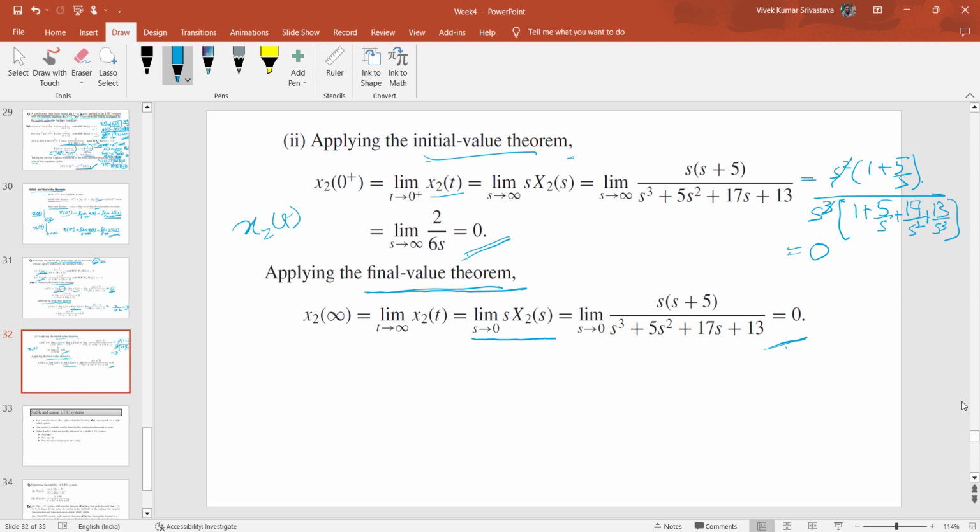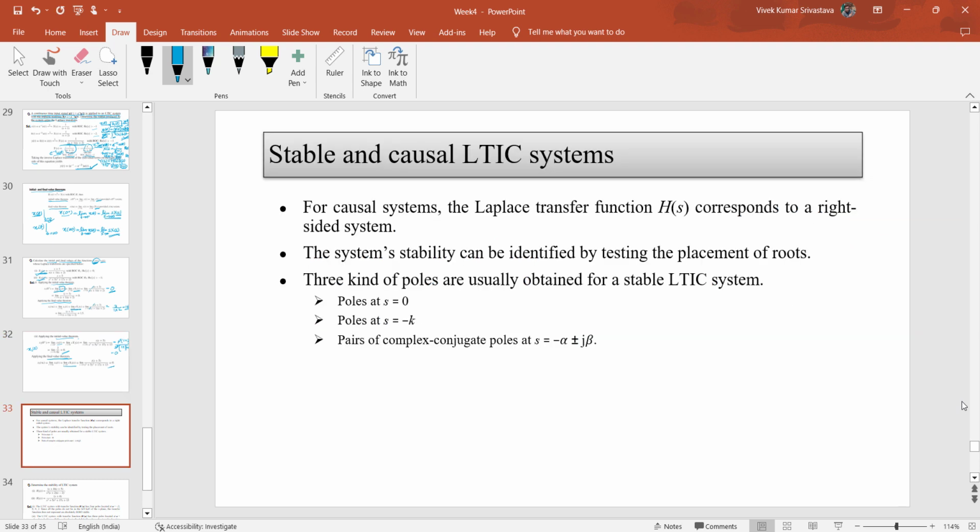So the next topic is stable and causal linear time invariant system. For a causal system, we know that the Laplace transfer function corresponds to the right sided system, meaning the region of convergence should be right sided.